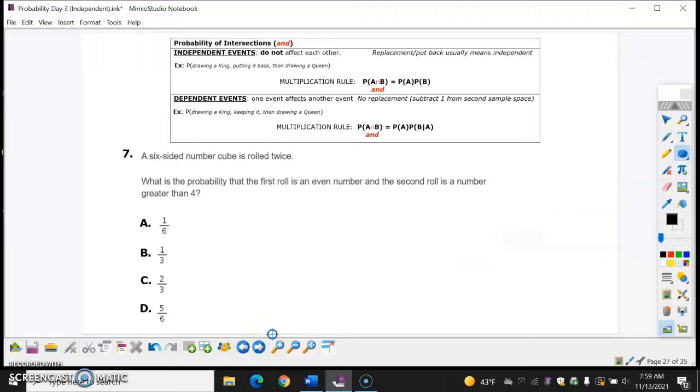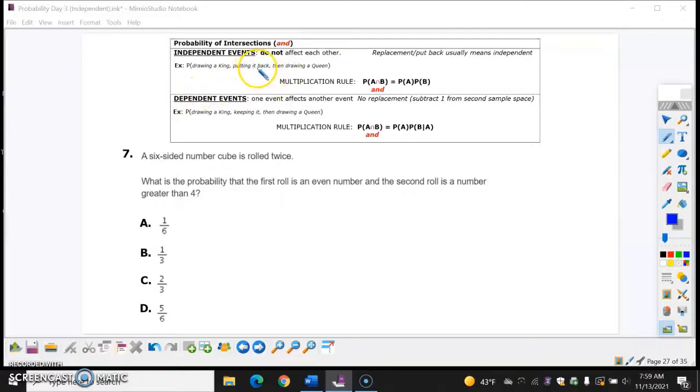Next, a 6-sided number cube is rolled twice. What's the probability that the first is an even number and the second is a number greater than 4? Let's figure out if these are independent or dependent. If you roll a dice twice, is the second time affected by what you get the first time?